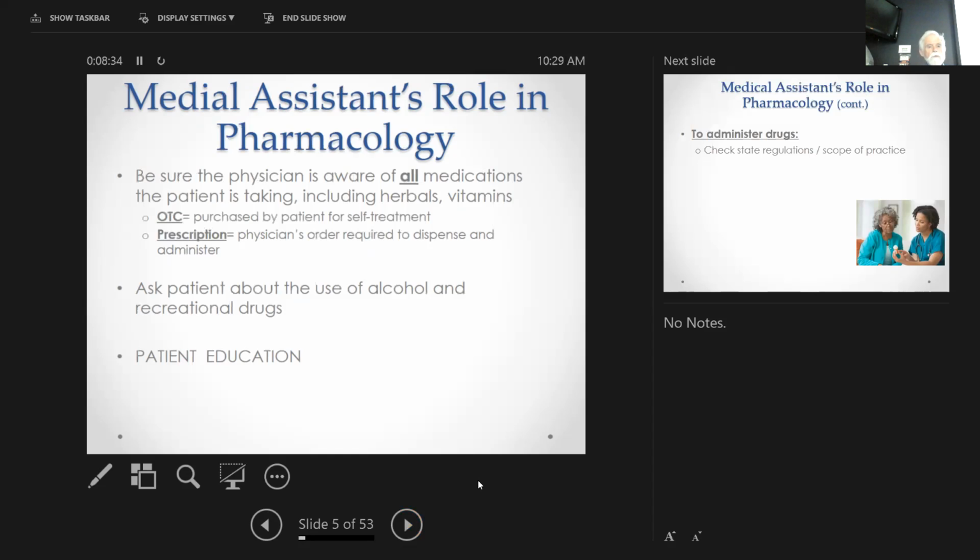We need to know if the patient is using alcohol or recreational drugs. 90% of the time or more that you ask that question, the answer is going to be no. A goodly proportion of the time, that answer will not be truthful. So the best thing we can do is do a little probing.